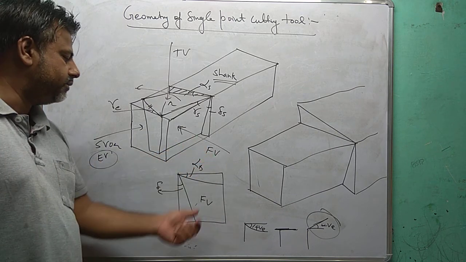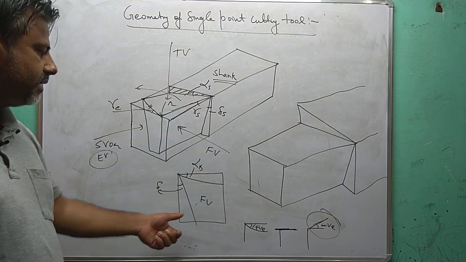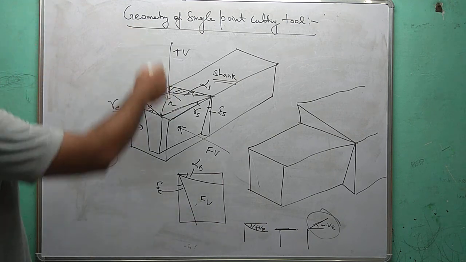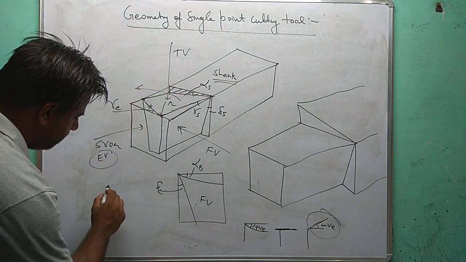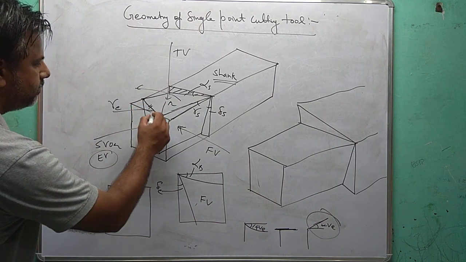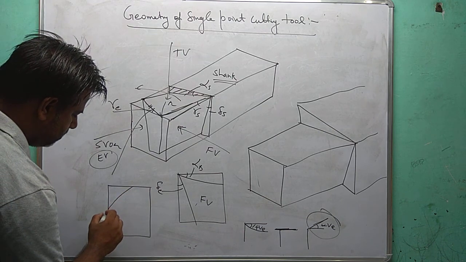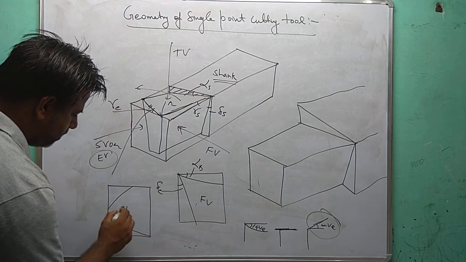Suppose this is my front view. It looks like this. This is my back rake angle. This is my end clearance angle. And in the top view, it looks like this. This is the top view.